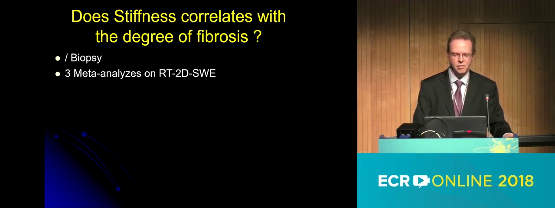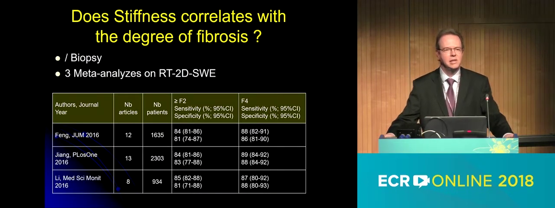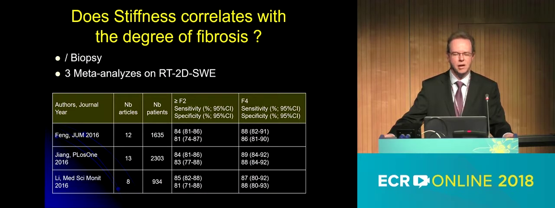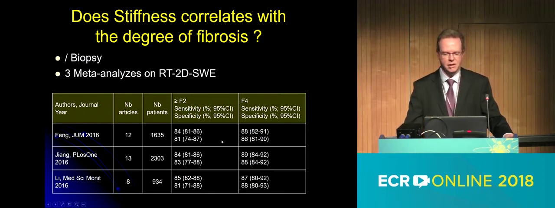And you can see in these 3 meta-analyses that the sensitivity and the specificity to diagnose F2, or significant fibrosis, or cirrhosis are very high, with a sensitivity above 44% for F2 and above 87% for F4, and with a specificity which is above 81% for F2 and 86% for F4.